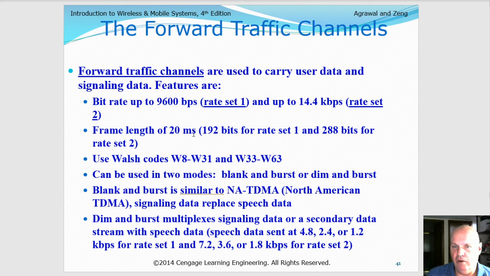They all used a frame length of 20 milliseconds, but the number of bits within that frame would vary depending on whether it's rate set 1 or rate set 2. And I'll show some additional details of that. Again, these use the remaining Walsh codes, which weren't taken up by the pilot and access channels, and also the paging channels.